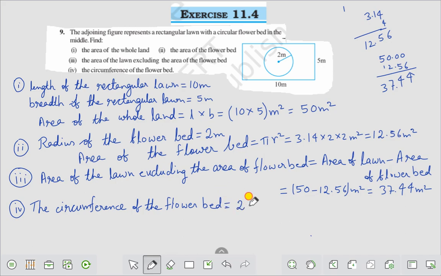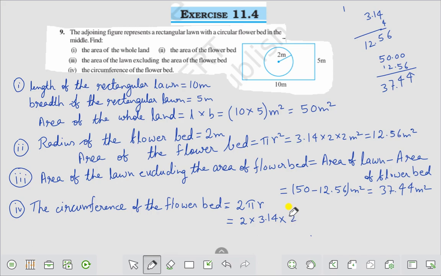The value of pi is 3.14, and radius is 2 meter.